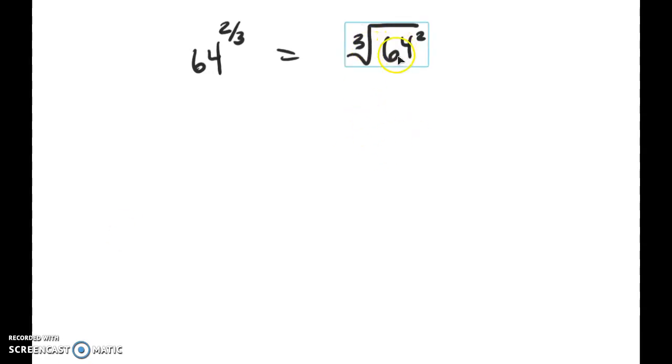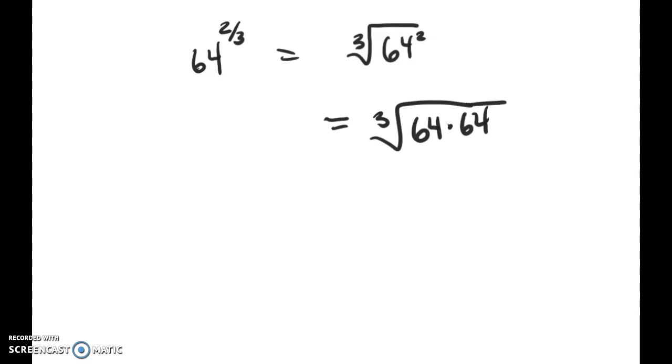I could multiply this out. I could calculate 64 squared, but I don't want to use a calculator. How can I do this by hand?